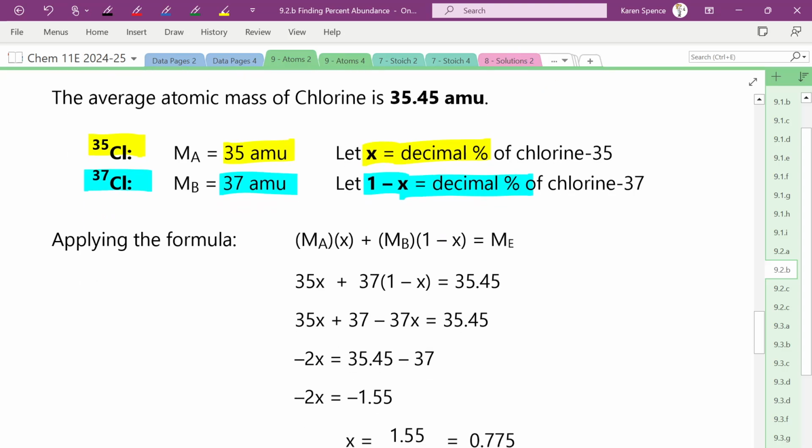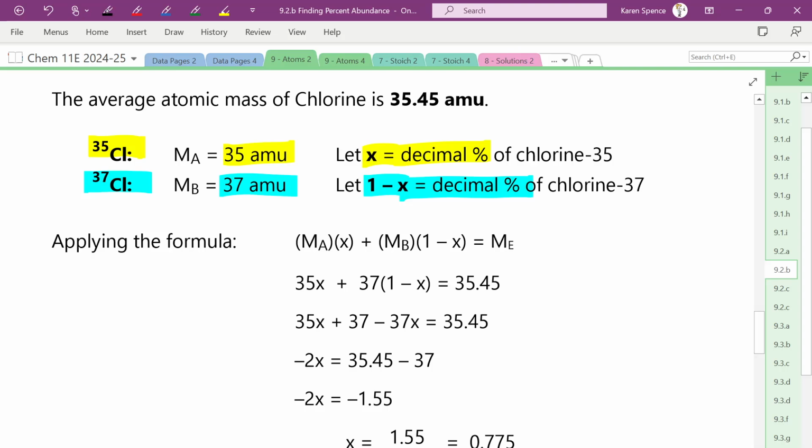Throw everything into the formula. We have the mass of A times the decimal percent of A, and then the mass of B times the decimal percent of B, and that's equal to our average atomic mass.